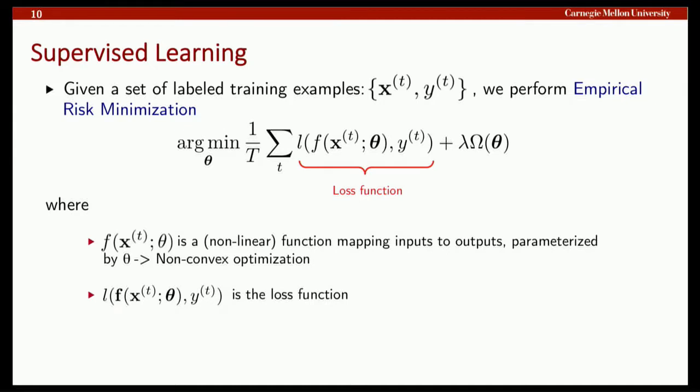And what we're going to do is perform empirical risk minimization. That's a standard thing we would do for any machine learning model. Here we have F, which is a nonlinear function mapping inputs to outputs, and that's going to be parameterized by some parameter theta. Think of it as a multi-layer neural network, just a composition of nonlinearities.